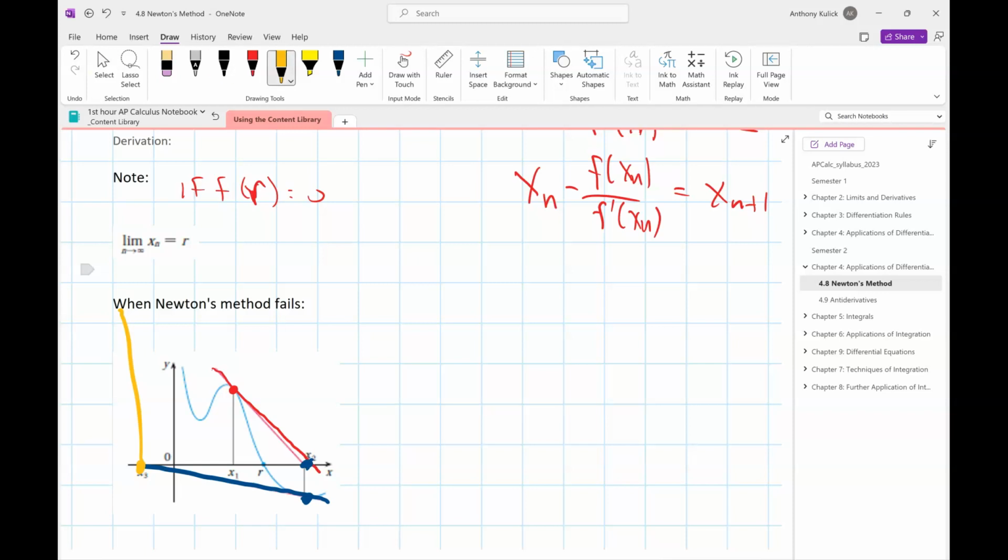One thing to be cautious about is that this isn't necessarily going to always work. That's the downside. In your calculator, when you do this x-intercept command, what's the first thing the calculator asks you to do? It asks you to give it a left bound and a right bound, right?